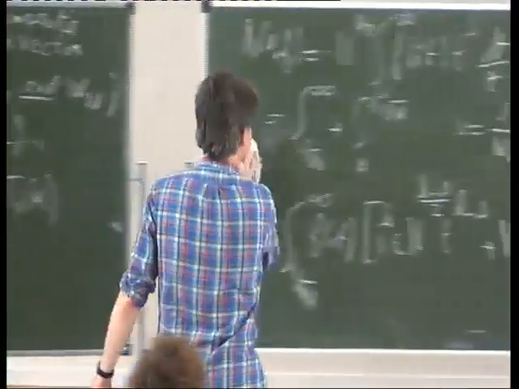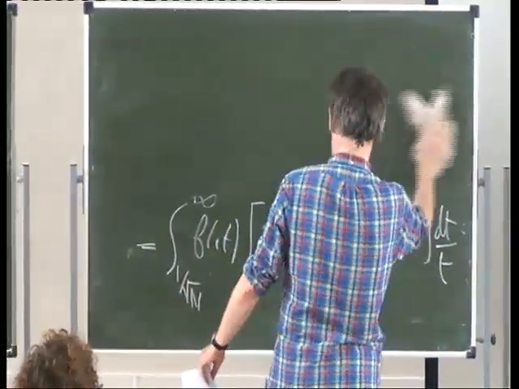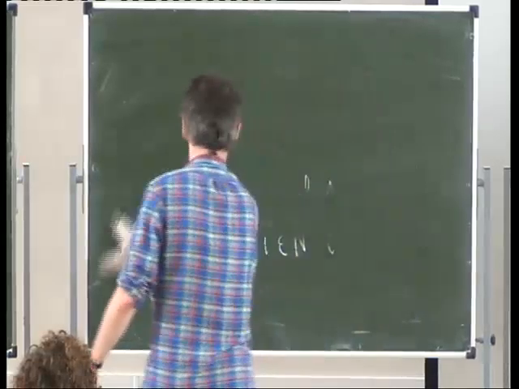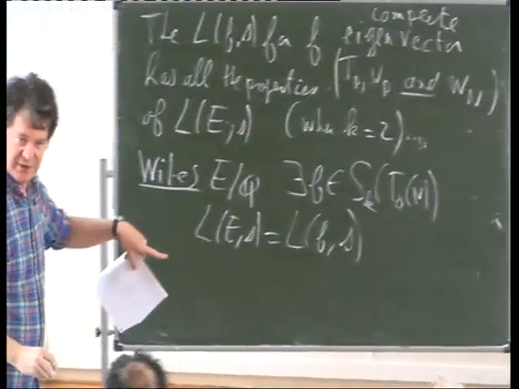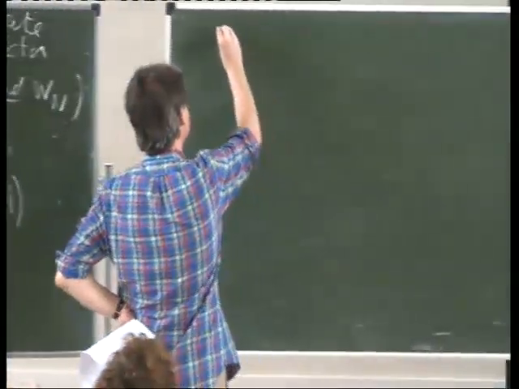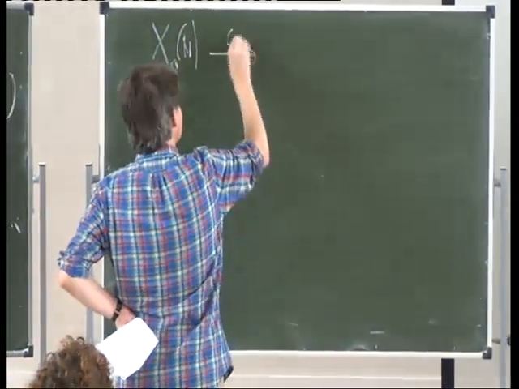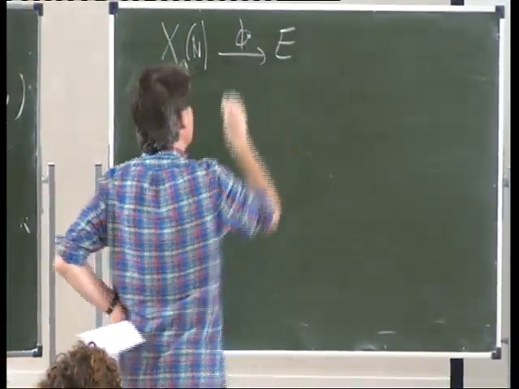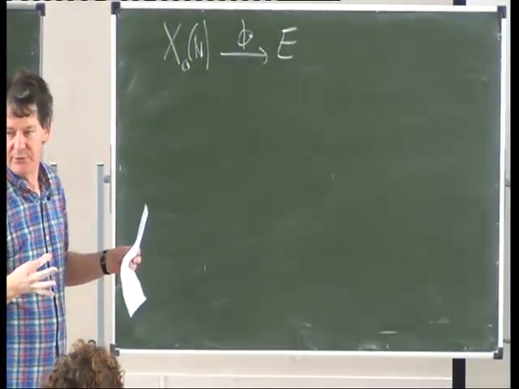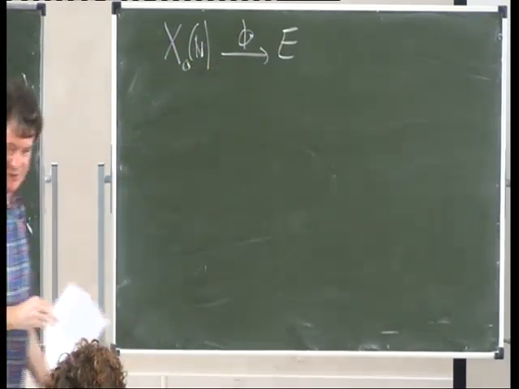Maybe I can erase this. So this is one of the possible formulations of being modular for a curve. Another possible definition is the existence of a non-constant morphism from X_0(N) to E, and then it has to be surjective.